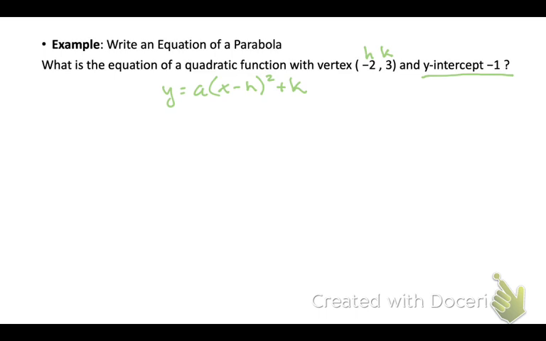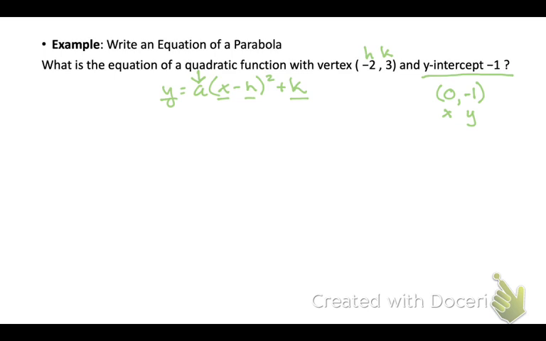The y-intercept's a point, yes? The y is -1. What is the x every single time? 0. So I have y, I have x, I have h, I have k, so I can solve for a, correct?